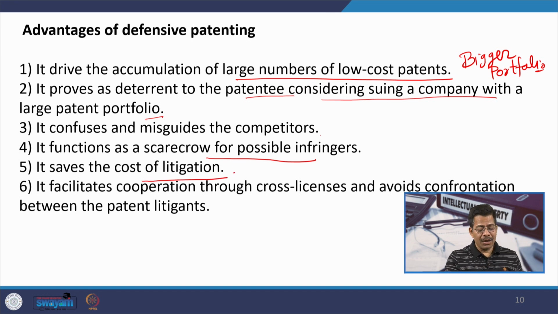And then it facilitates cooperation through cross licensing, because ultimately we will go for cross licensing of these patent portfolios. And once you have licensed the IP to some other users, you are directly avoiding confrontation with the possible infringers.